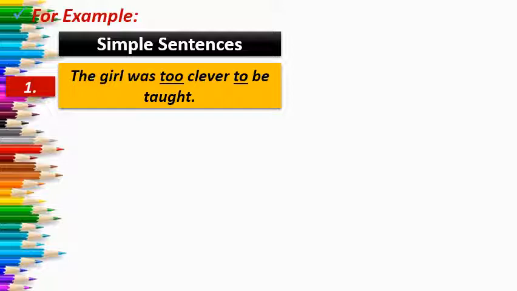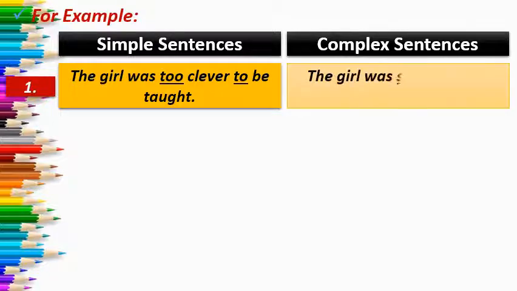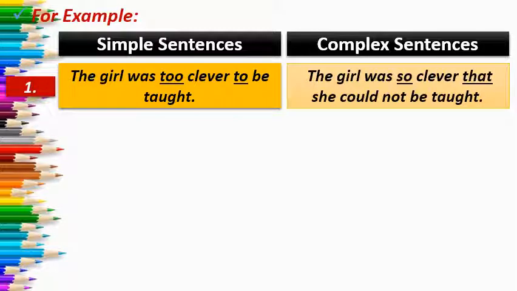So when you transform this sentence into a complex sentence as per rule, the sentence will be: the girl was so clever that she could not be taught. So what we have done, we have replaced too with so and to with that, and as per structure we have written the sentence. Same with other examples also.